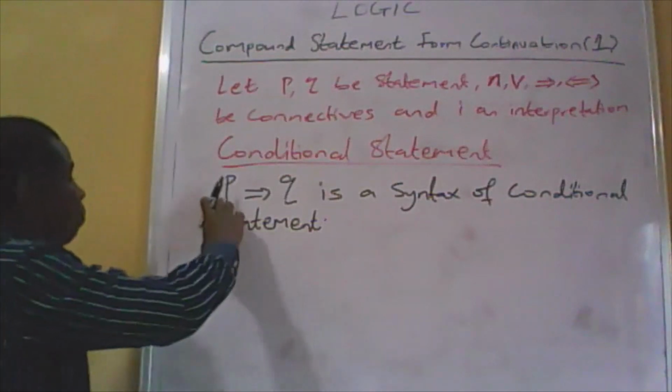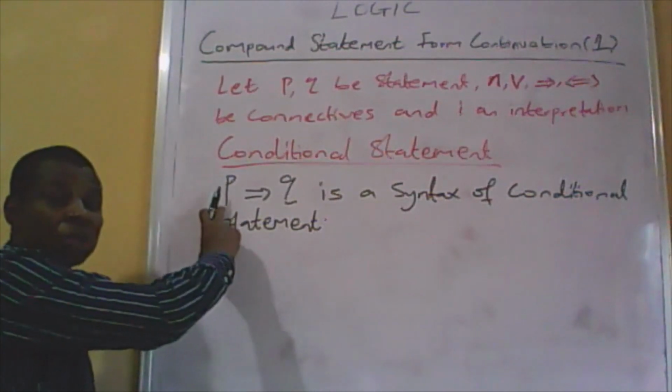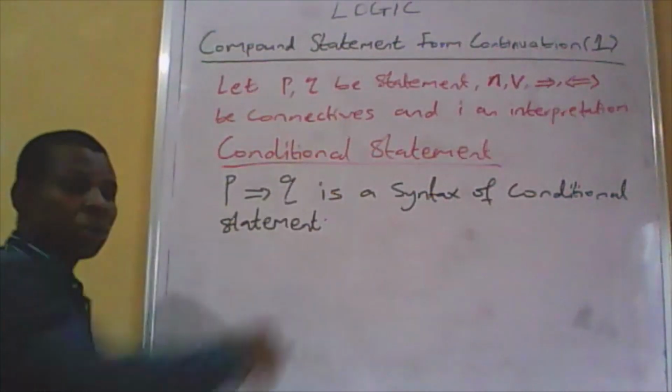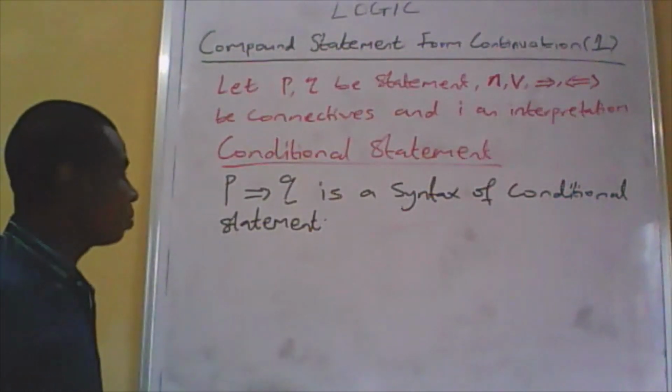Here, P is called antecedent, while Q is called consequent.